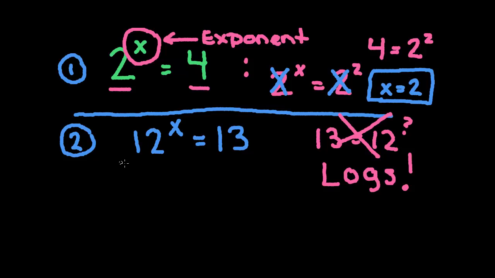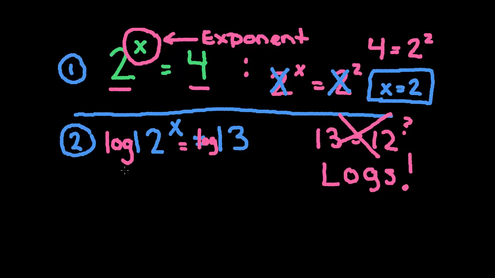So what we're going to do is take the log of both sides. So if we do log on this side, and I'm going to have to put it over my equal sign here, I'll rewrite my equal there. Log of that side.